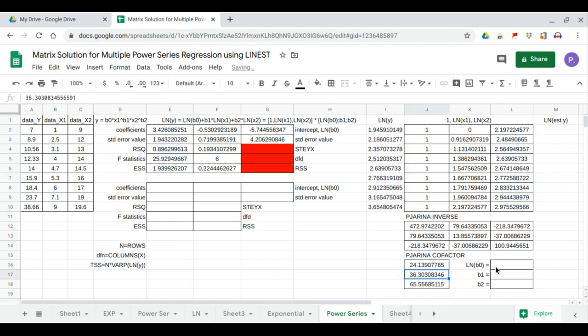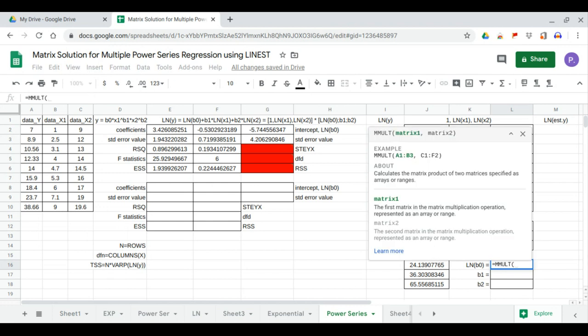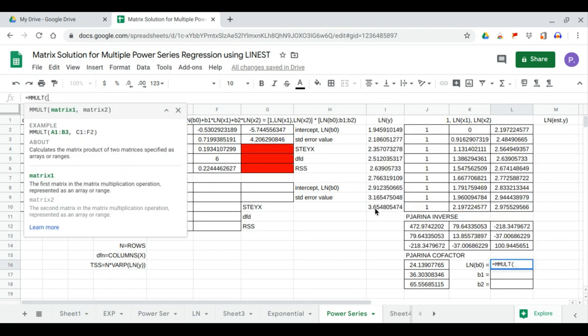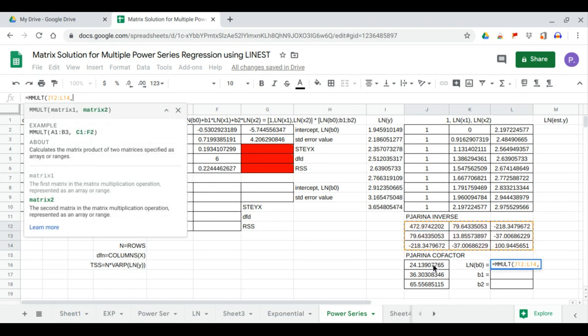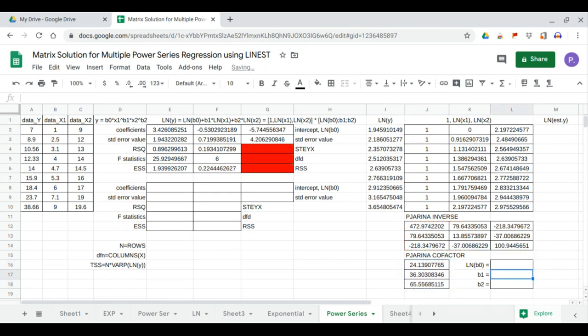Now we can calculate the coefficient, which is MMULT of the Pijorina inverse and the cofactor. So you'll notice our ln b0 intercept matches our output in the LINEST. b1 matches to the LINEST output, and b2 matches to the LINEST output.